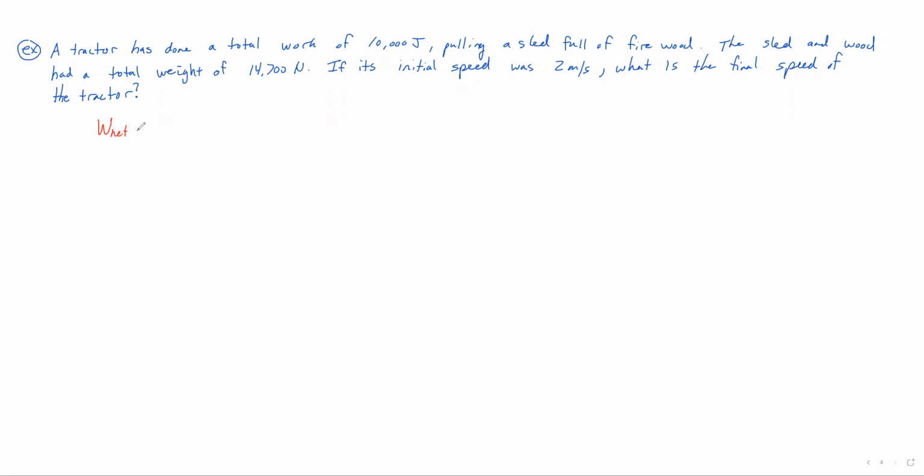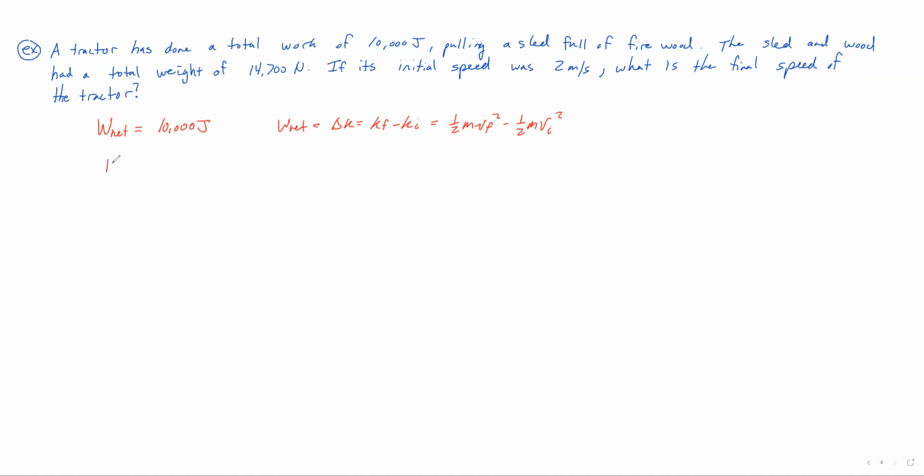Well, we know that W net is going to be 10,000. Again, we got that in a previous problem. And we also know that W net is equal to delta K, which is KF minus KI, which is equal to 1/2 mVF squared minus 1/2 mVI squared.